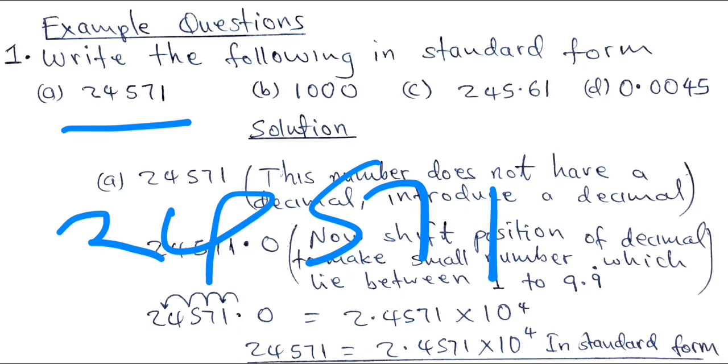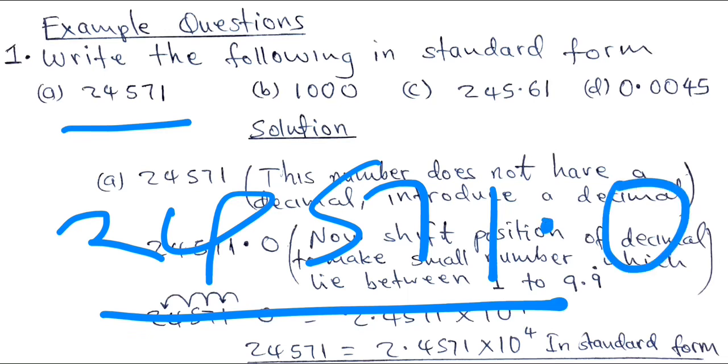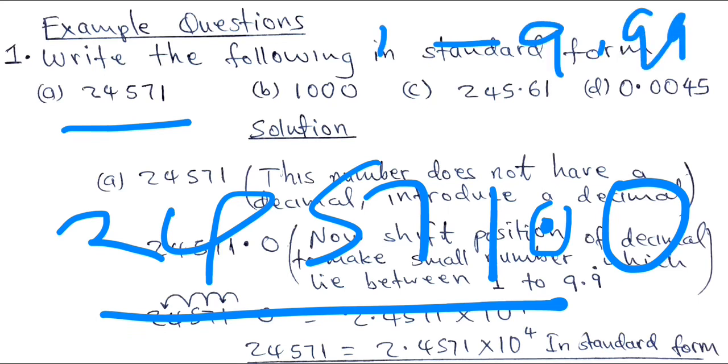Yes, this number we need to write into standard form. But to write into standard form, firstly, if a number doesn't have any decimal, like this one, you have to introduce a decimal 0 here. After that, you have to shift the position of your decimal in order to get the smallest number which lies between 1 up to 9.99. Okay, let us check it.